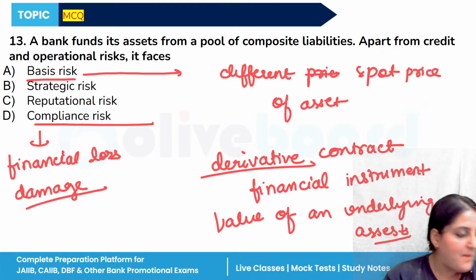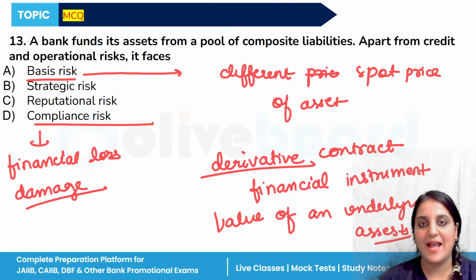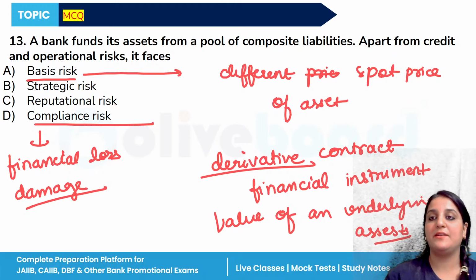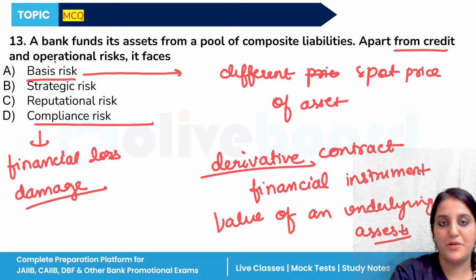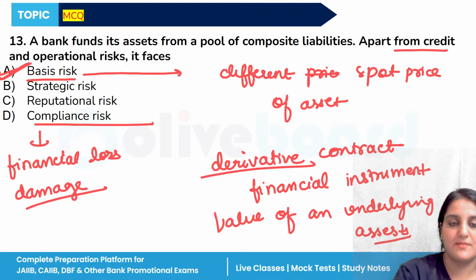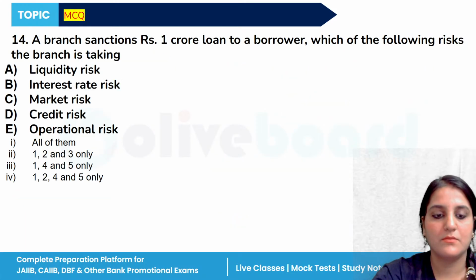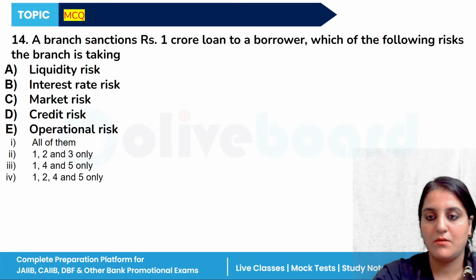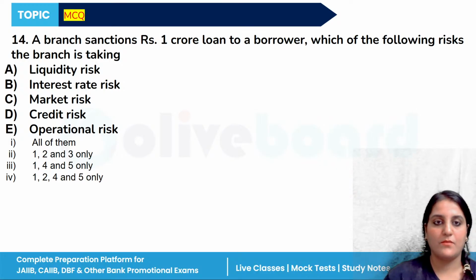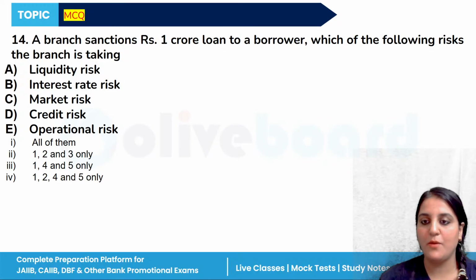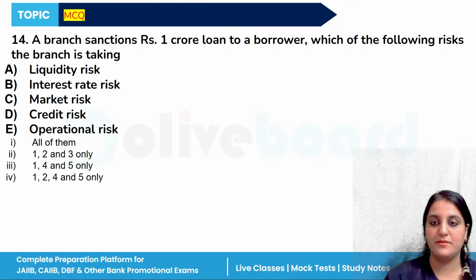So here a bank funds its assets from a pool of composite liabilities. Apart from credit and operational risk, it faces basis risk. Yes, so for the 13th question, option A is correct here.